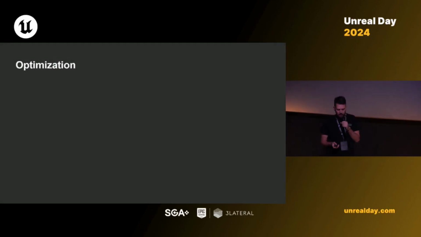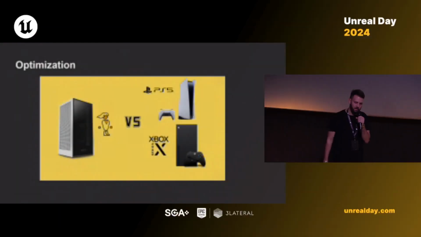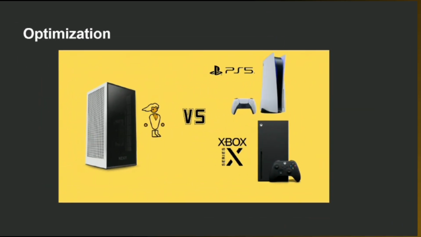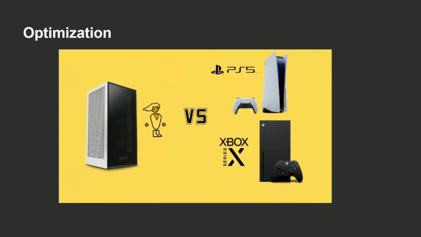So we mentioned before that there is some platform specific stuff like software stuff, but there is also a hardware thing. As you all may know, different devices have different hardware specifics, and PC is way above other platforms in terms of CPU, GPU, and memory.